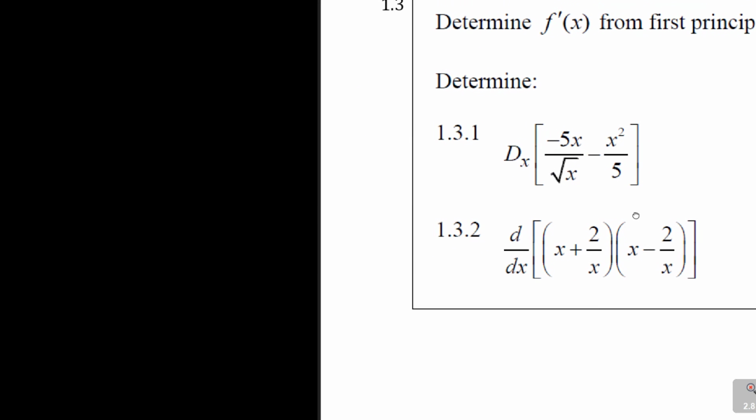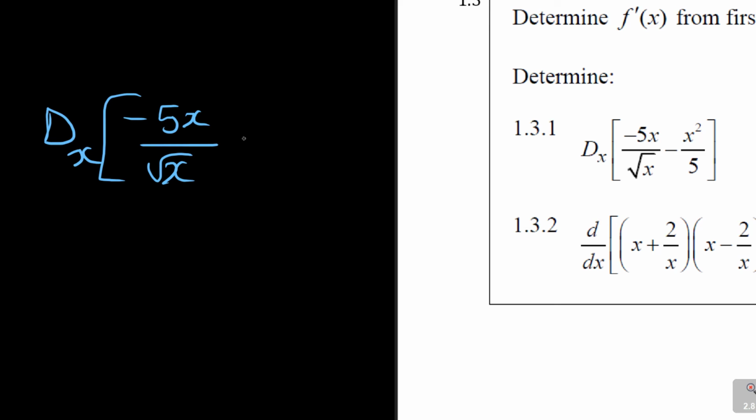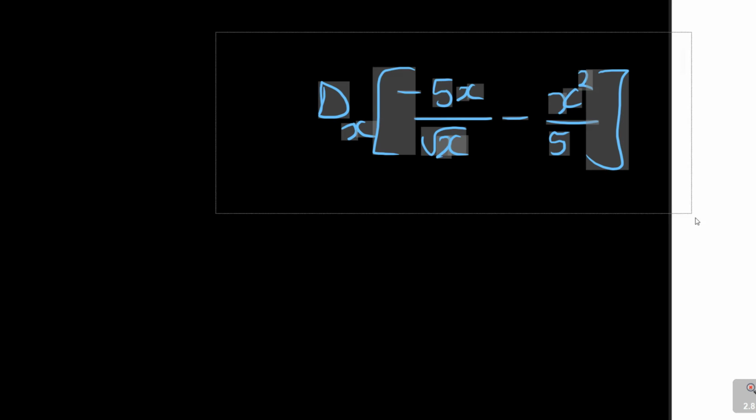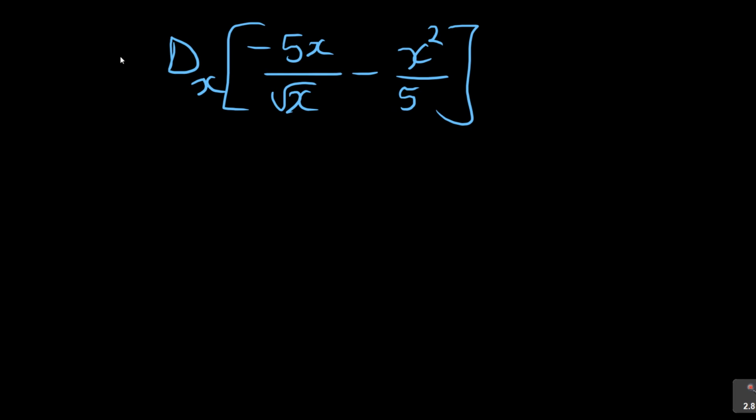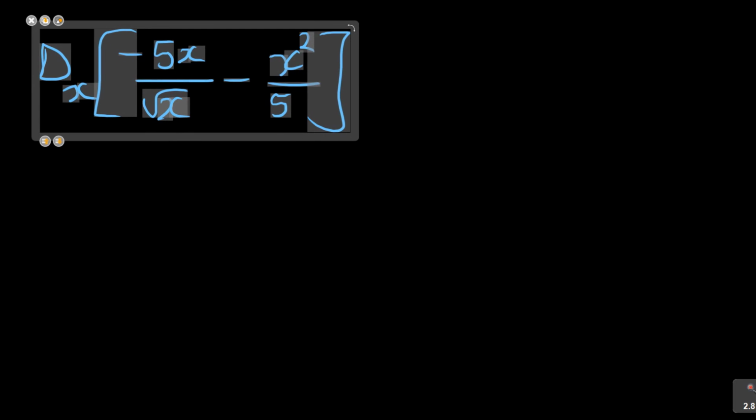They want me to find d/dx of this: d/dx of negative 5x over square root of x, minus x squared over 5. Look at this one. Also not complicated, just need to know your algebra a bit. Be careful, it's your algebra. They are testing your algebra skills.